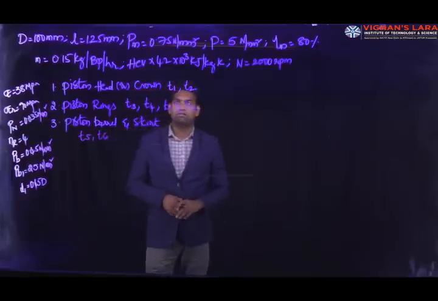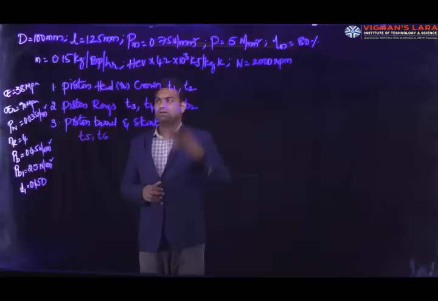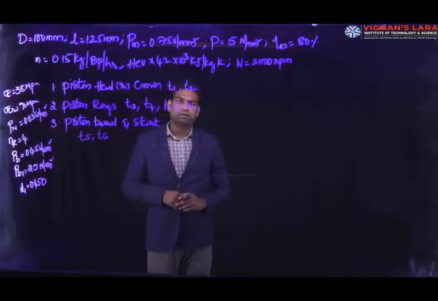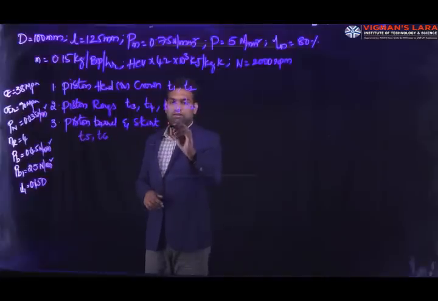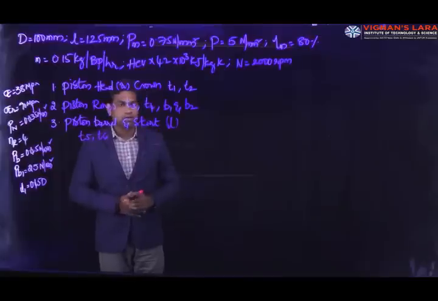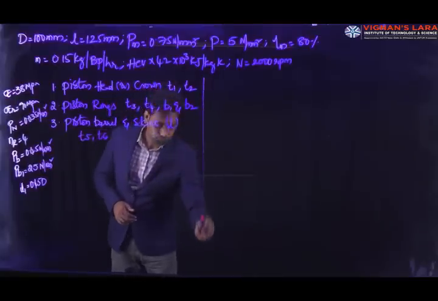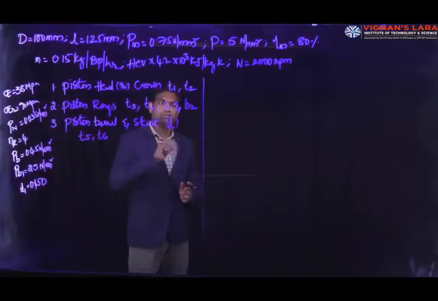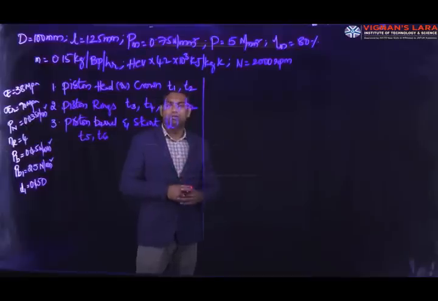After finding out all the dimensions of the piston head, rings and barrel, we need to calculate the dimensions for the skirt, that is, the length of the skirt. Here the skirt length is calculated by equating the side thrust acting on the piston skirt to the bearing load acting on the skirt.